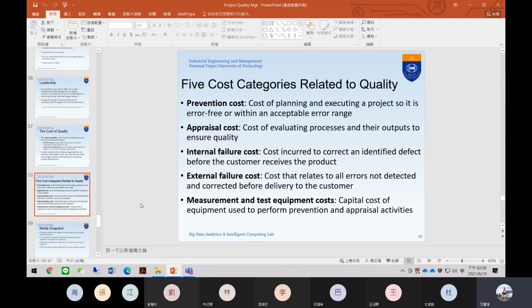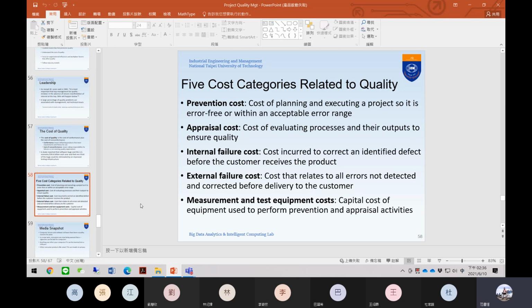And then appraisal cost: the cost of evaluating processes and their output to ensure quality, like in-process inspection, incoming inspection, or final inspection. Then internal failure costs are incurred to correct an identified defect. Internal means before the product has been shipped to the customer, before the customer received the product.